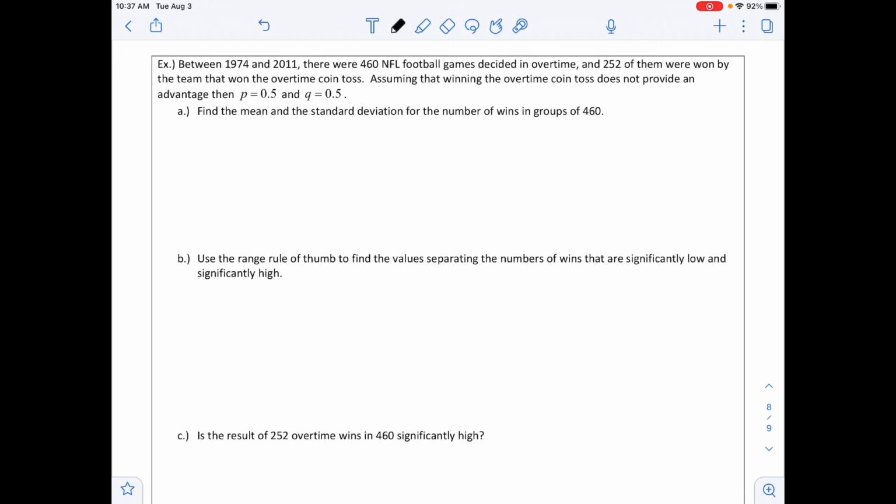Part A says find the mean and the standard deviation for the number of wins in a group of 460. So the mean is equal to N times P. N is the number of games, which is 460, and P, which was stated up above, is 0.5. So this works out to being 230 games.